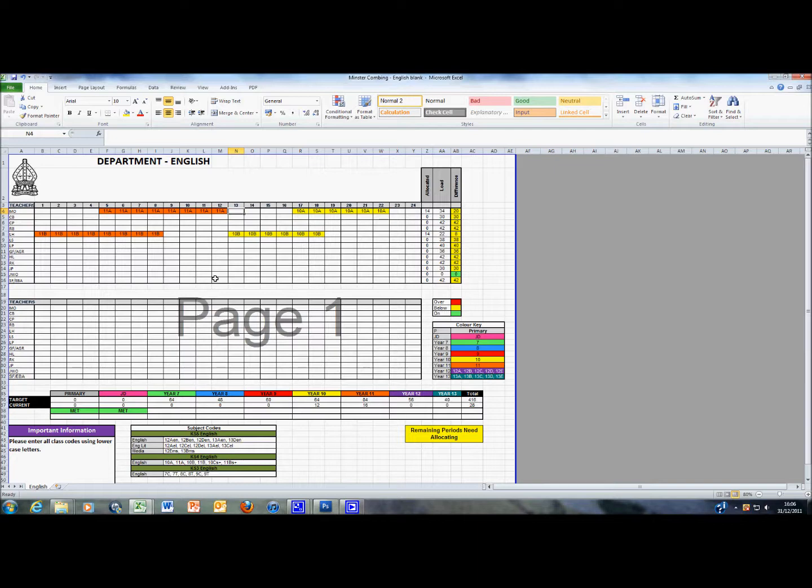Let's use Year 12 English Language as an example, using the 12D pool. 4 periods of 12D language can be entered as shown for MO.